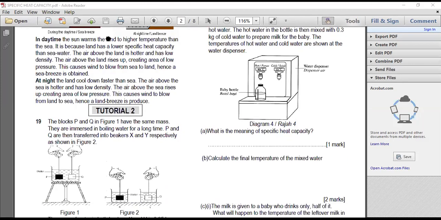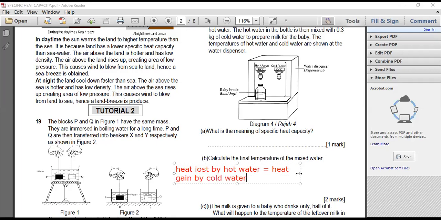So we have a situation of hot water mixed with cold water. We start off with heat loss by hot water equals heat gain by cold water.